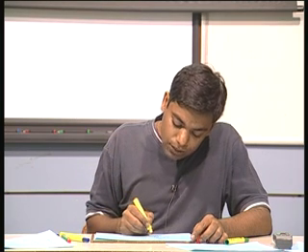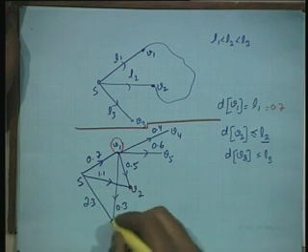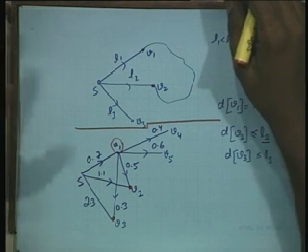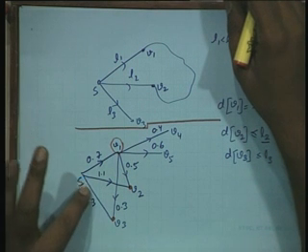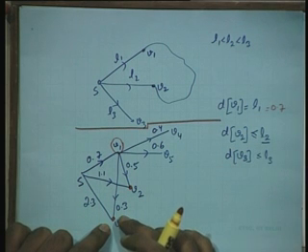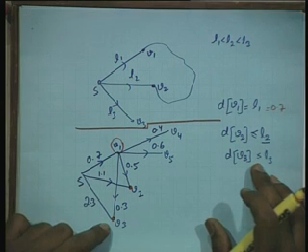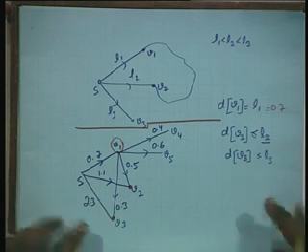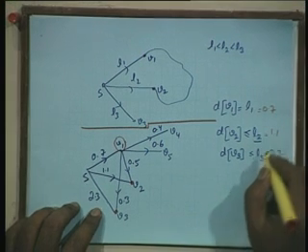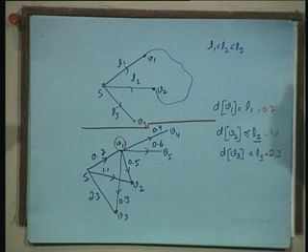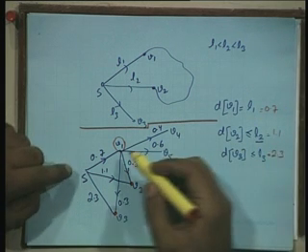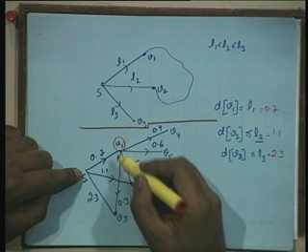Okay. Let us start by looking at vertex V3. So far, we had seen only this edge, and we said that the distance of V3 from S is less than 2.3. Now, can I say something better? Because now I see this edge from V1 to V3.